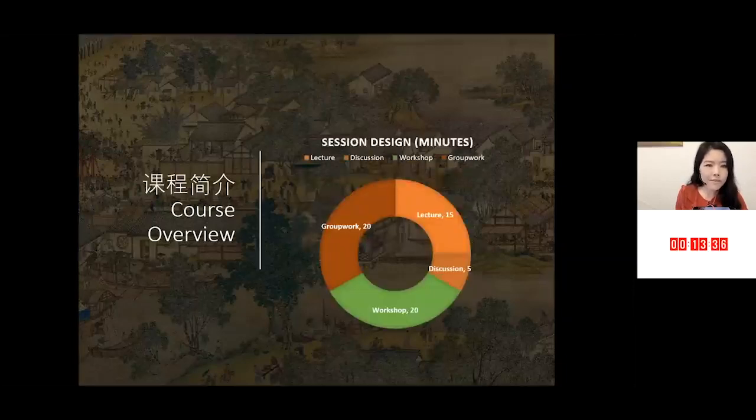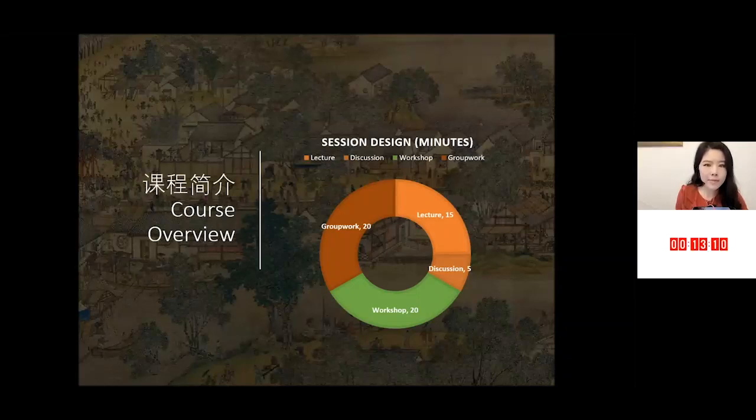The length of this course is 1 hour, and it is divided into 3 main parts. The first part is an introduction to general knowledge of Chinese painting, which takes about 20 minutes, including 5 minutes of discussion and Q&A. The second part is an online workshop with students painting Chinese plum blossoms, which takes about 20 minutes.